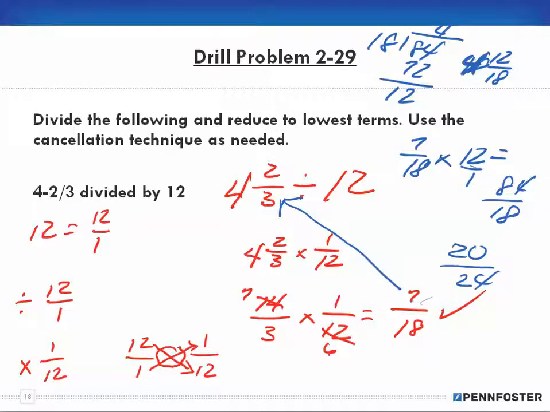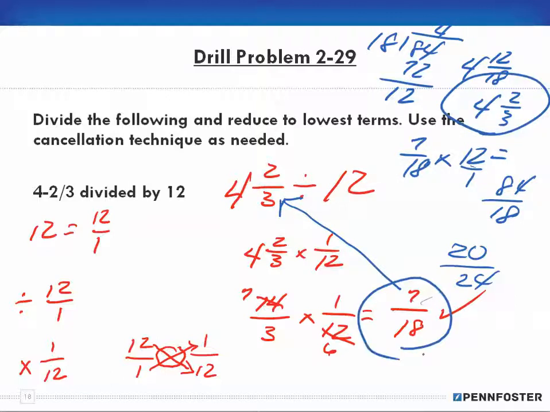Let me erase. So I end up with 4 12/18, and I can reduce that. 6 can go into 12 2 times, and 6 can go into 18 3 times. So that's my check in order to know that my math is correct.